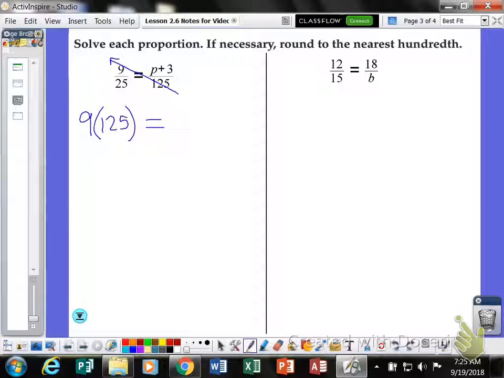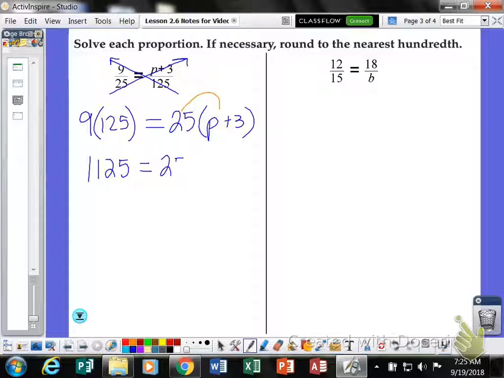So then I want to cross multiply up this way. So it's going to be 25, and then the p plus 3 needs to be in parentheses because we're multiplying that 25 by that whole p plus 3 thing. So then we multiply 9 times 125 and we get 1,125. And then we distribute, and we get 25p plus 75.